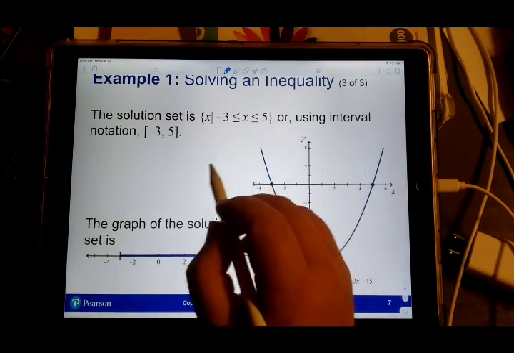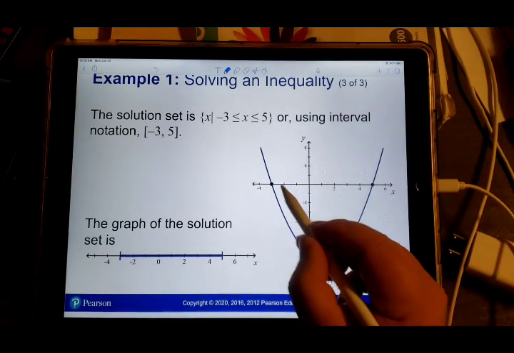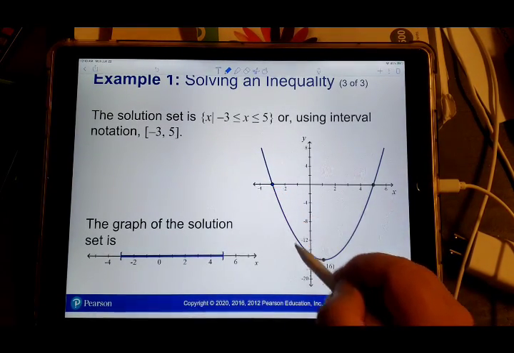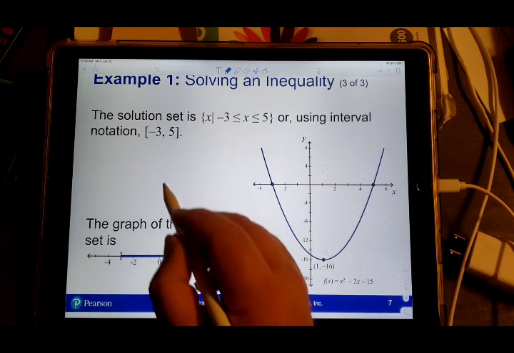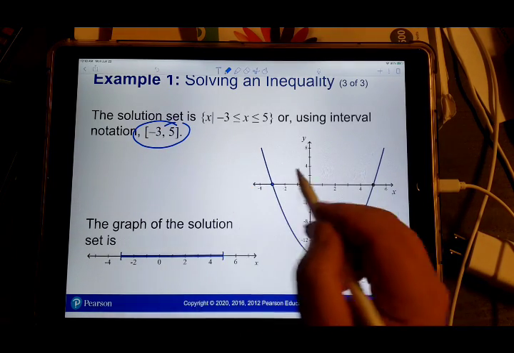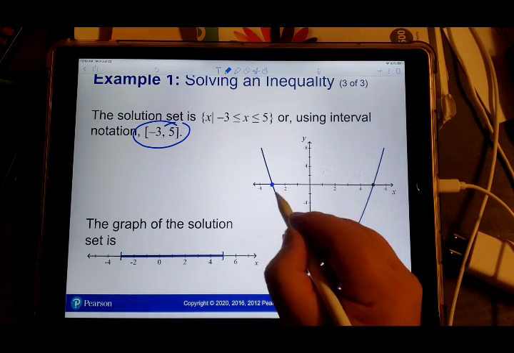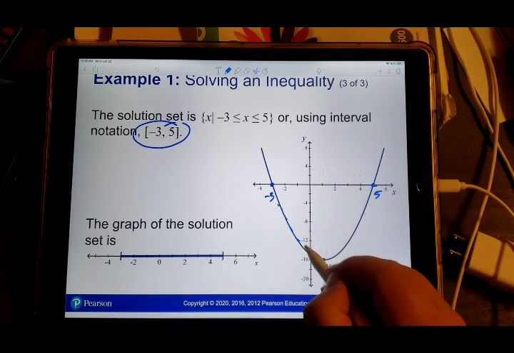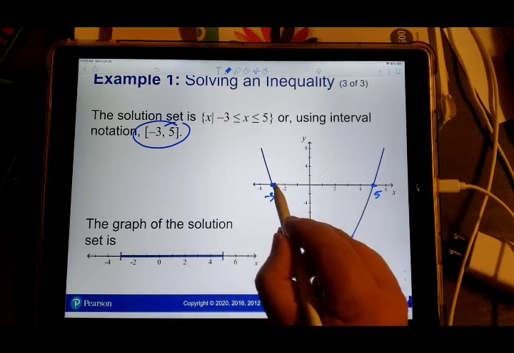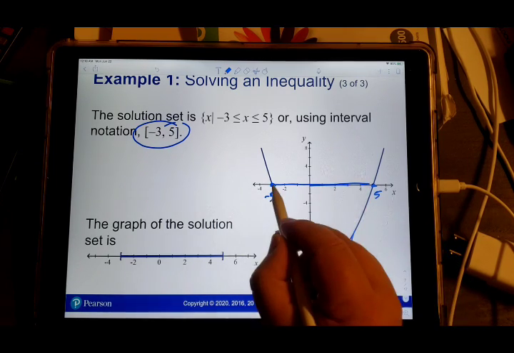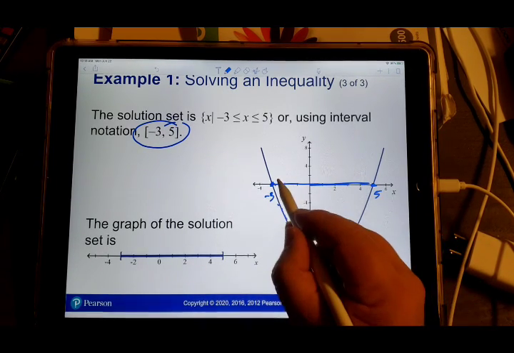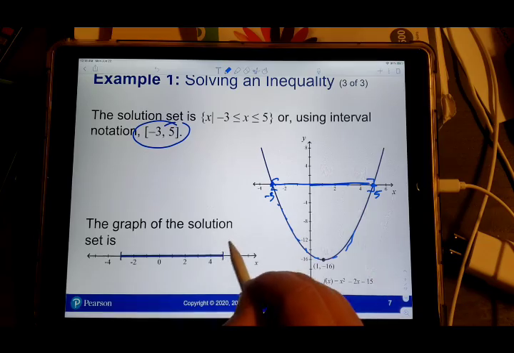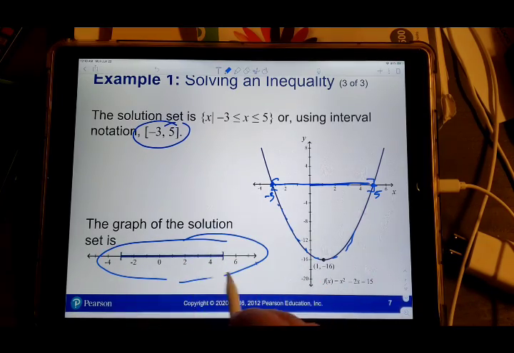Remember what the question was: when was the function less than or equal to 0? It's equal to 0 at negative 3 and at 5, and it's less than 0 on this entire region. So just this piece of the number line is what we want, and that would be the solution.